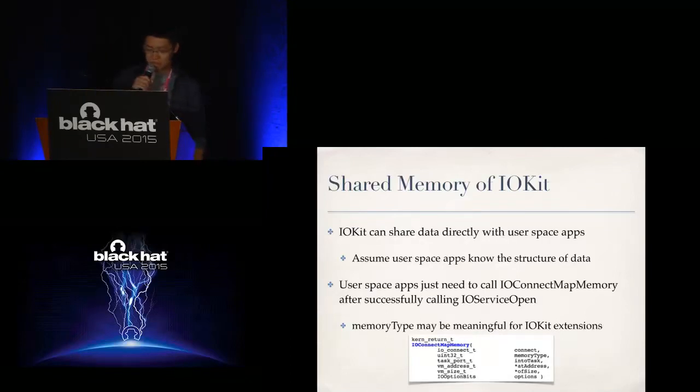Just call one API named IOConnectMapMemory after you successfully open the device. There's the definition of this function, and the interesting parameter we should pay attention to is the memory type. This flag is meaningful for some IOKit extensions.